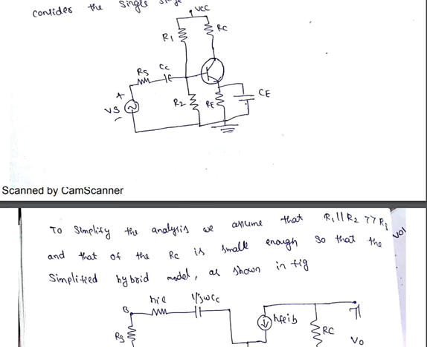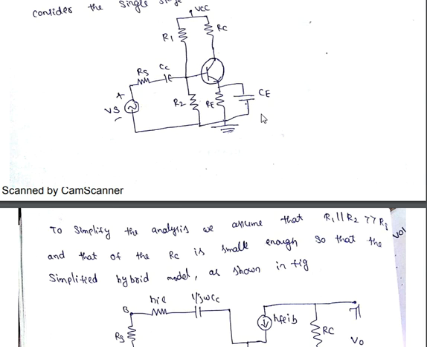In this figure, R1, R2, RE provide the biasing for the transistor, RS is the source resistance, VS is the signal source, CC is the coupling capacitor, and CE is the bypass capacitor.